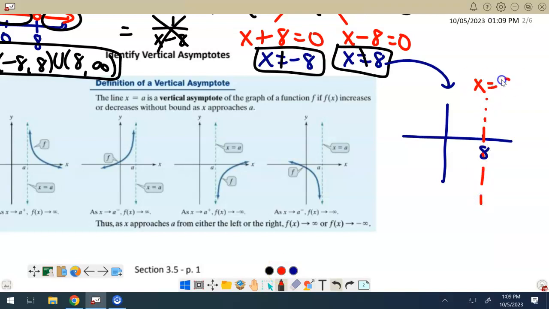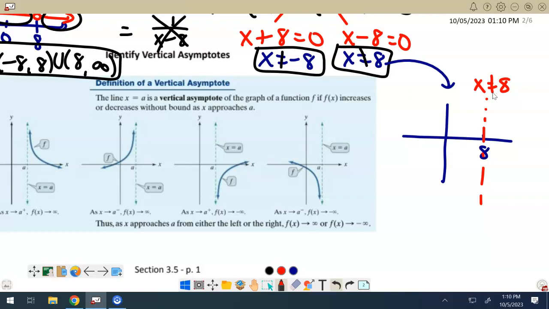This is where x is equal to 8, and since that's not allowed in the function, it's also not allowed on the graph. So you cannot have any points on the graph that touch this vertical line or cross through that vertical line, because that number is off limits in the equation, it's off limits in the graph.